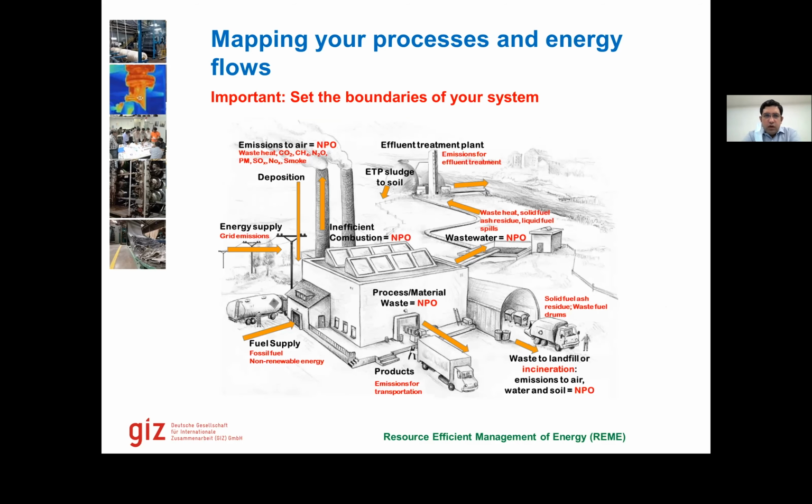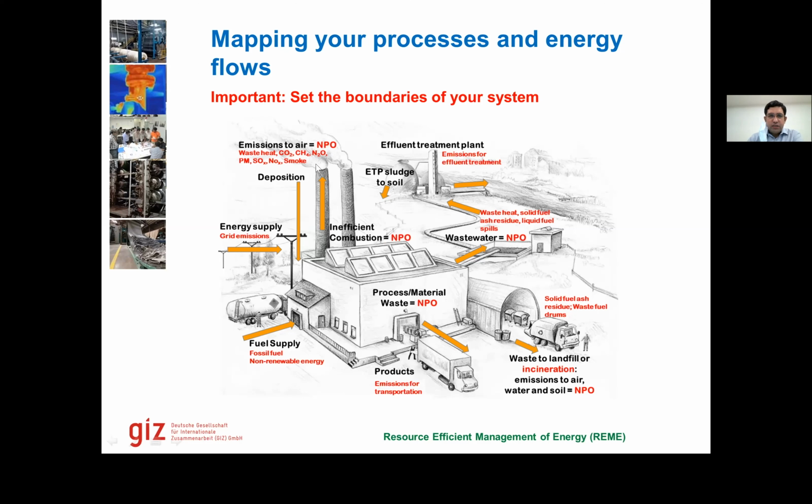So first of all, we need to map the process and energy flows. As you can see, there's a factory where we have grid energy supply. So we might have emissions in the grid that we need to know. Then there's a fuel supply, which might be a fossil fuel and a non-renewable energy. So we need to track this as well. And inside the factory, we might have inefficient combustion, where we are losing some fuel.